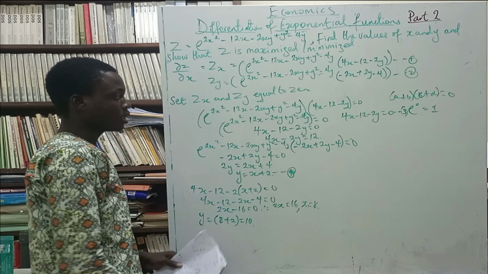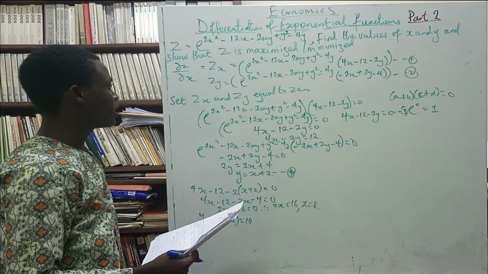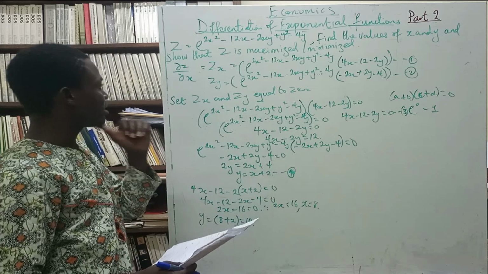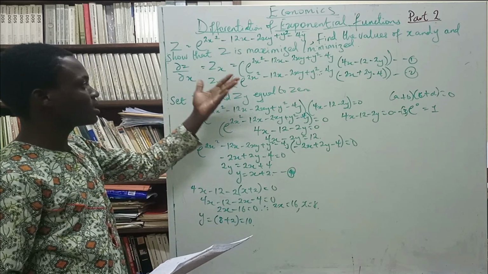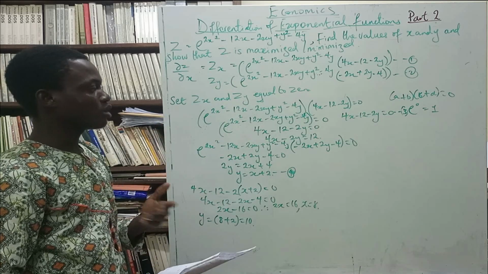See, that's simple. Now let us test if this is maximized or not. What we have to do is find the second derivative, which we call zxx, and the second derivative with respect to y, which we call zyy.